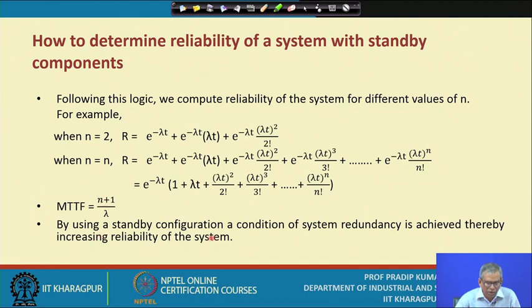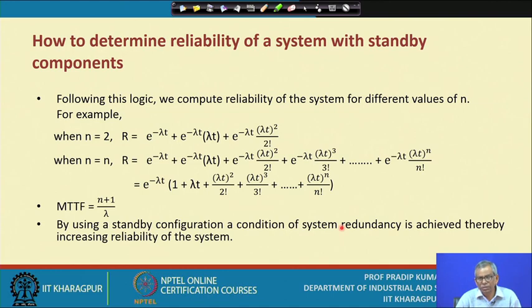By using a standby configuration, a condition of system redundancy is achieved, thereby increasing the reliability of the system. Many a time the question is posed: how to improve the reliability of the system? There could be many ways to improve the reliability of the system, and we'll identify those methods very soon.